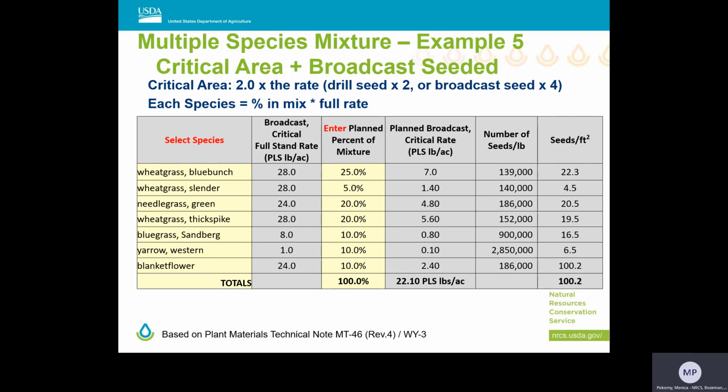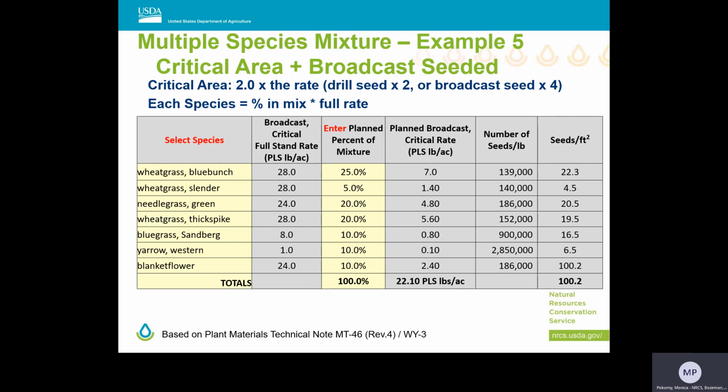It could be a post-wildfire site, one that it's hard to establish plants on. And the likelihood of establishing species decreases. So now we're increasing our seed rate again. So if you're planting on a critical site, we double the seed rate for a drill seeder.